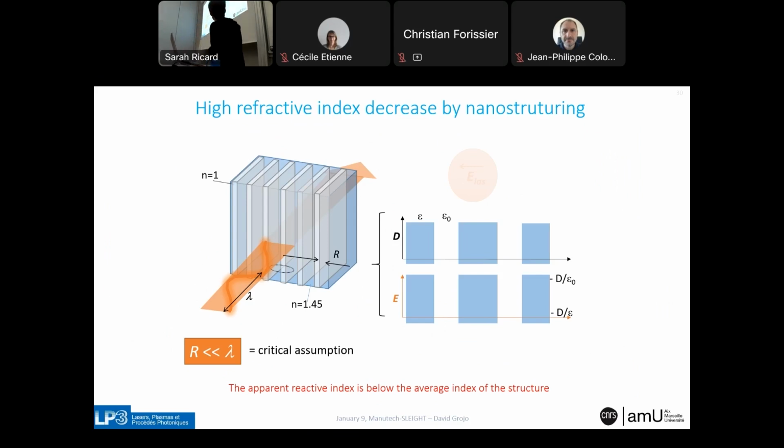Now, if you illuminate with a polarization perpendicular to the planes, because of the continuity of the displacement vector, and the field being defined as the displacement vector divided by the permittivity, the light will tend to occupy the low index material first, at the highest level. That is why, when you irradiate light on this structure, it exhibits a refractive index which is lower than the glass.